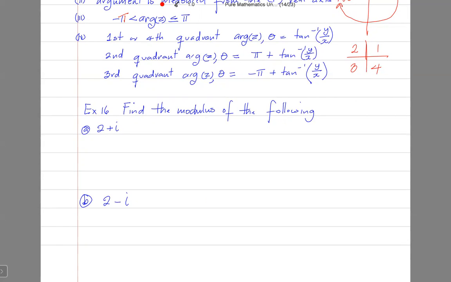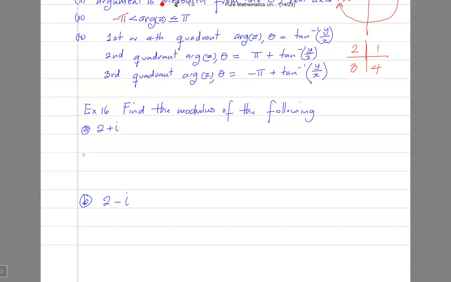Do you understand? Hello? Yes, sir. All right. Whenever you do this, if you cannot picture which quadrant it is in, you've got to draw a sketch.